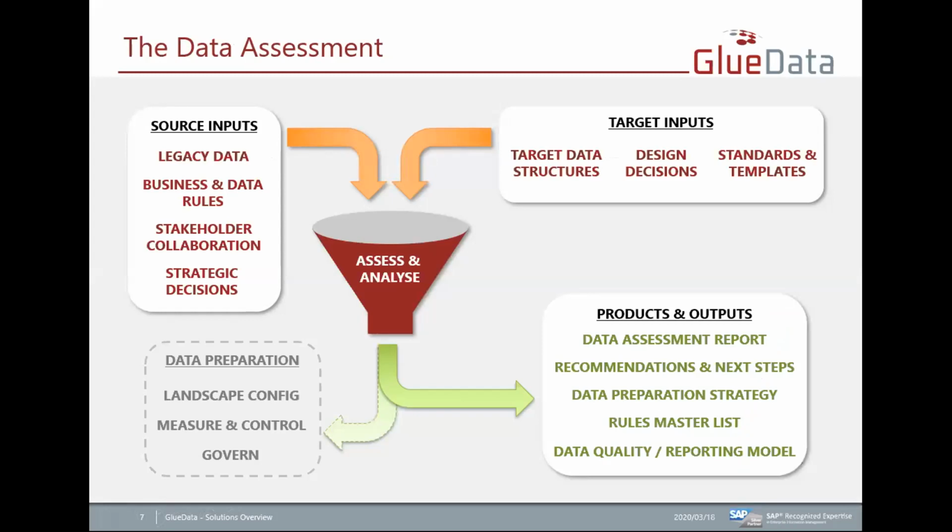There's obviously business and data rules. These rules are unpacked then and defined as either a data rule, a process rule, a quality rule, governance related. It is our job then to translate those rules into technical rules we can then use during the assess and analyze phase of the process.